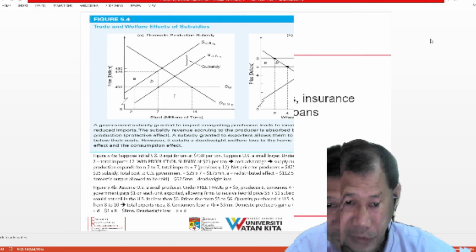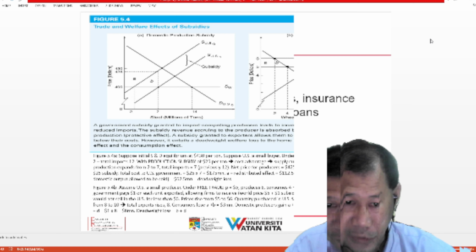Okay, now on the right, this is export subsidy. So assume US is a small producer. When we say small, it does not affect the global supply. Horizontal, meaning this country is small, does not affect the global supply. If there is a big country, the line will not be horizontal, it will have some gradient.